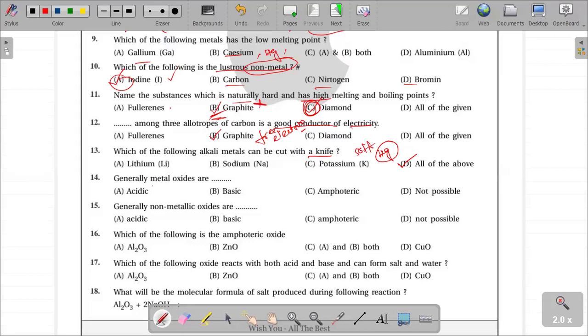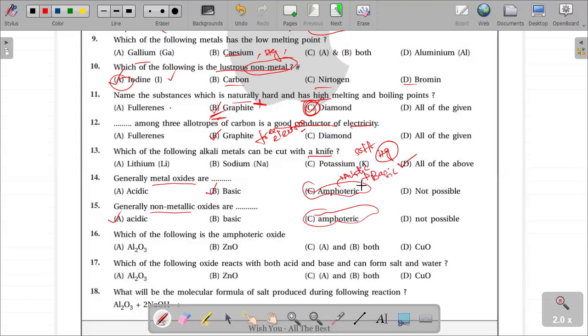Next, generally metal oxides are basic in nature, and generally non-metal oxides are acidic in nature. Okay, and amphoteric means, as I discussed yesterday, both acidic as well as basic.